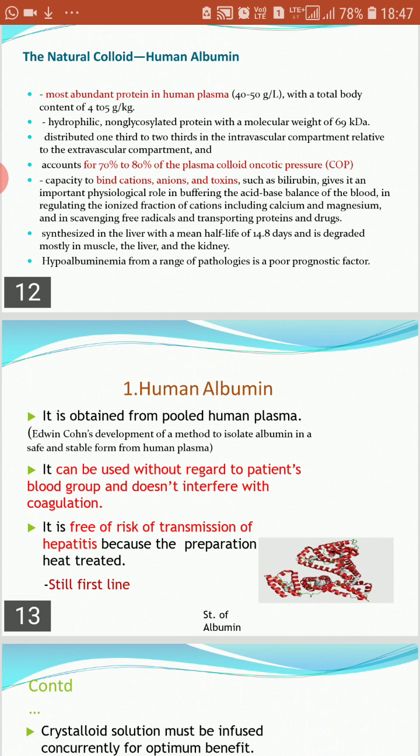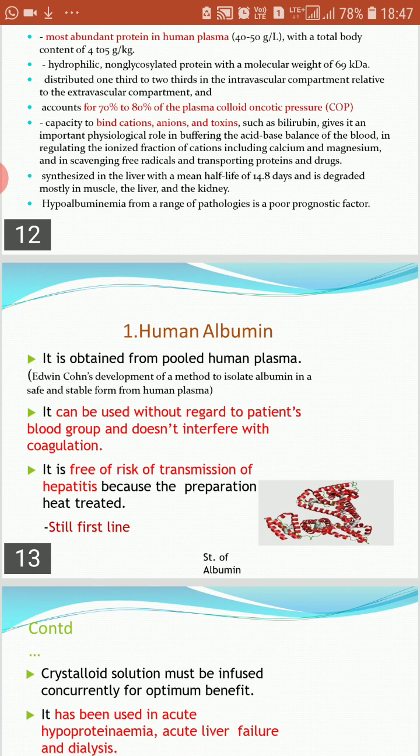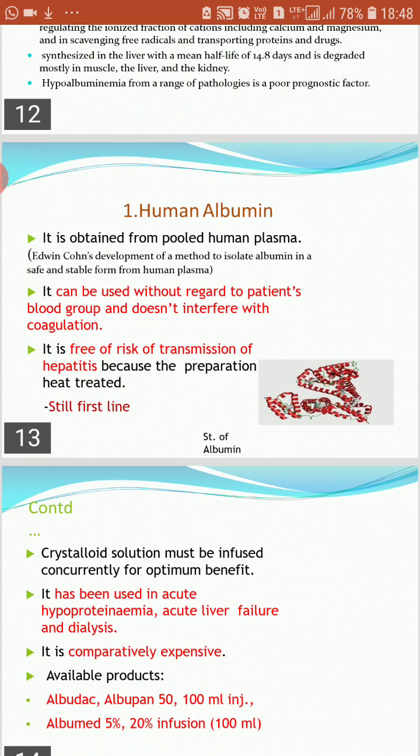It can be given to any person and also does not interfere with coagulation, does not cause hypercoagulability or hypocoagulability. It is free of risk of transmission of hepatitis also, because the preparation is heat treated, so the virus is not there, and that is why there are a lot of advantages. It mimics the normal oncotic pressure.